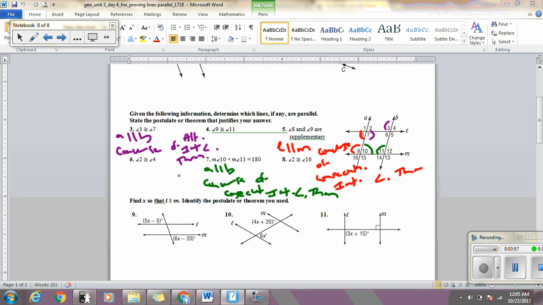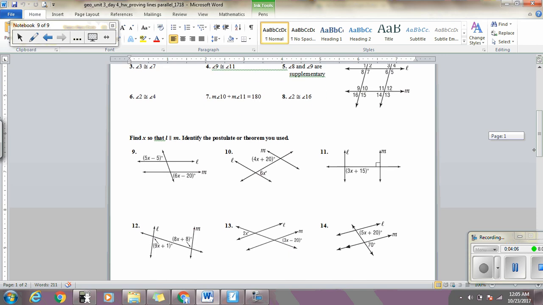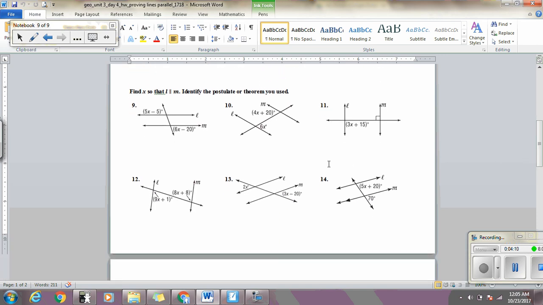For number 9 through 13 or 14, I believe, it wants us to find x so that L is parallel with M and identify the postulate or theorem used.